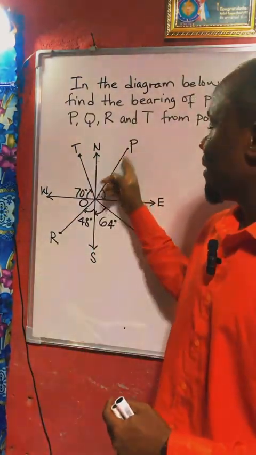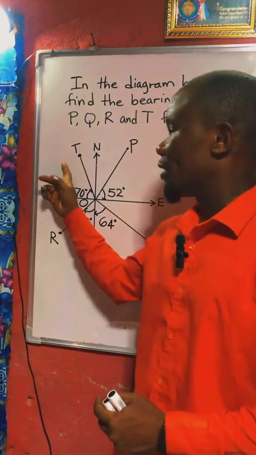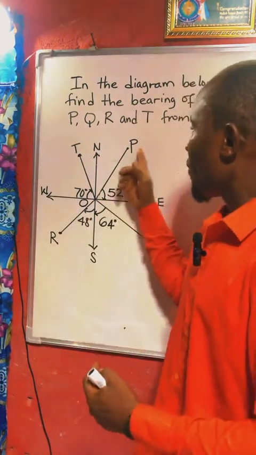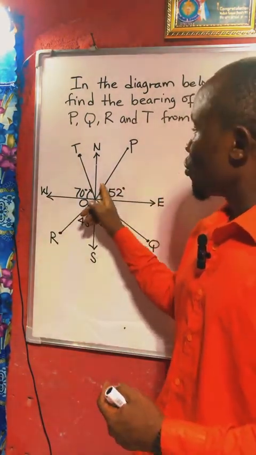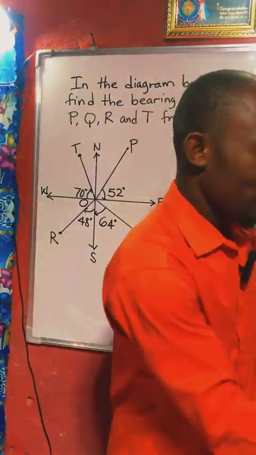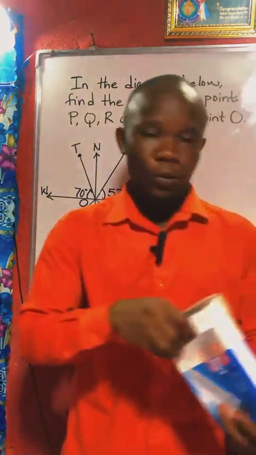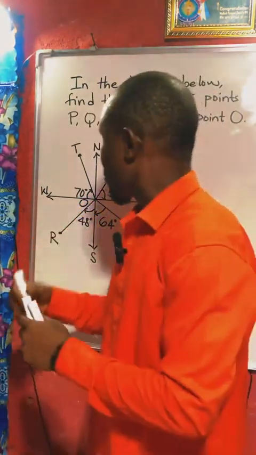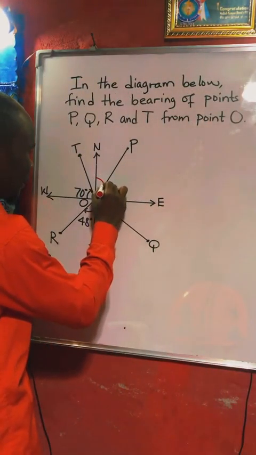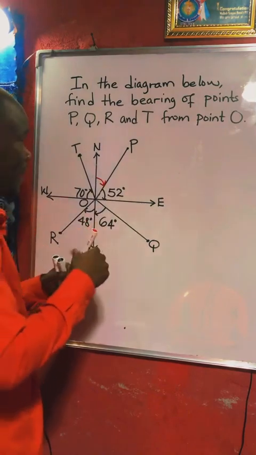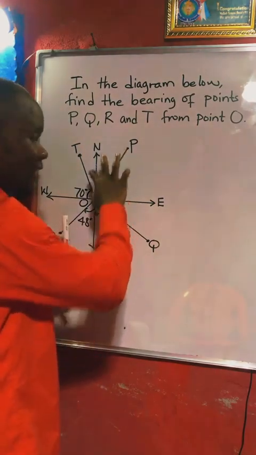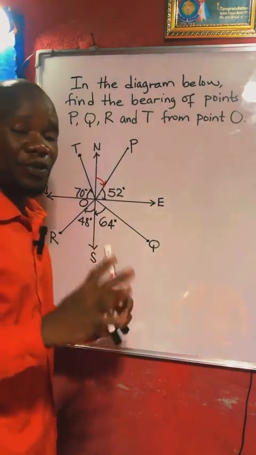We have here point P, point Q, point R, and point T. They are all derived from this origin, which is O. So we are going to find the bearing of P from O. Beginning with the geographic north, like I said, from here to this point here is the bearing of P from O. This is the first quadrant, and in this Cartesian plane, the angle there is 90 degrees, which is a right angle.